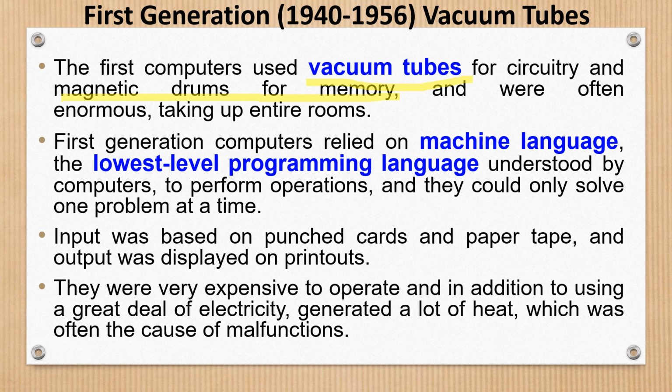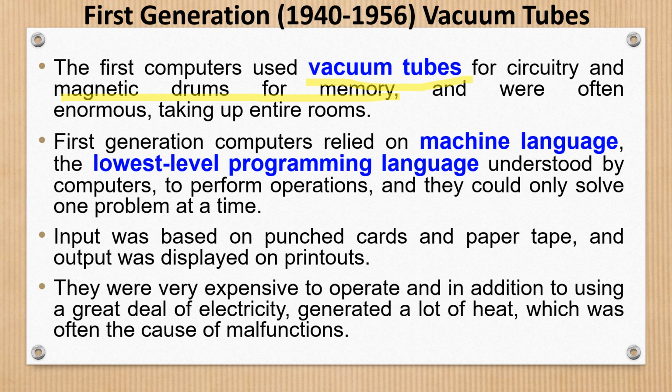This machine language is considered the lowest level programming language, used by the computer to perform any kind of operations, and the instructions are also in 0 1 binary form.